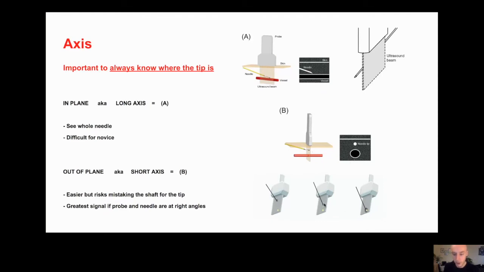However, the shaft is just going to look like a dot as well. So the question is, is the dot that I'm seeing the shaft or the tip? We're going to talk about that in a minute, about how you can find your needle tip. It's obvious when you're in plane where the needle tip is, but it's not so obvious when you're out of plane. But this is the easier technique.